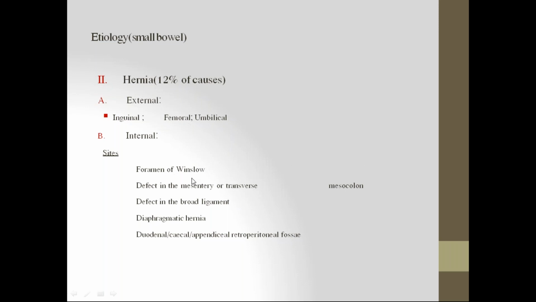So foramen of diaphragmatic hernia, defect in the broad ligament, defect in the mesentery or the transverse mesocolon, or duodenal, paraduodenal, and pericecal hernias. Most commonly, all these conditions are because of congenital defect in the surrounding tissues, paraduodenal, pericecal, and appendiceal retroperitoneal foci.